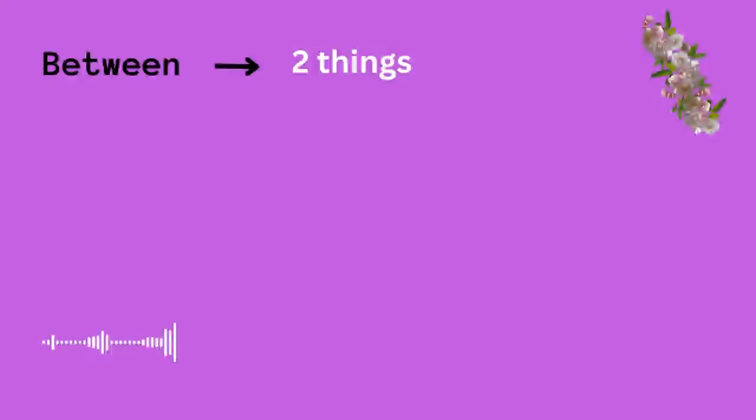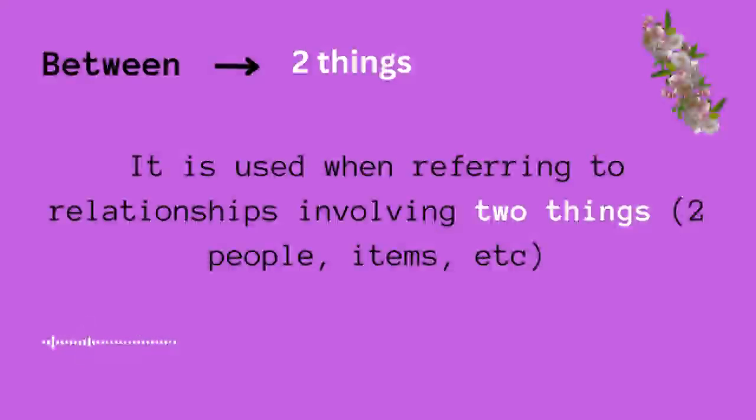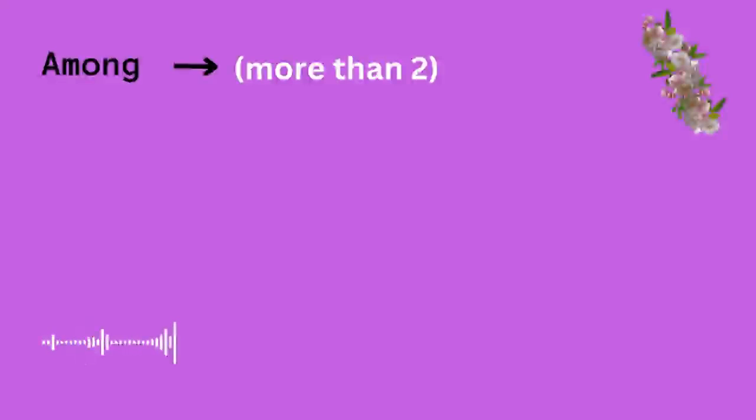You need to use between when you speak about just two things. Really, just two things, meaning that it is used when referring to relationships involving two things, like two people, two items, and more. But for among, it refers to more than two things.